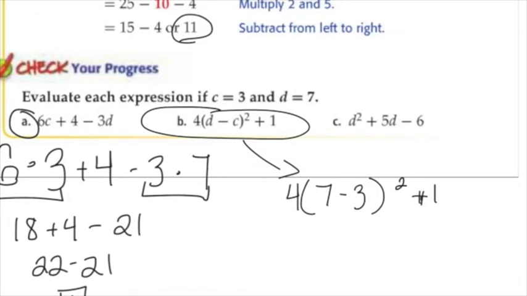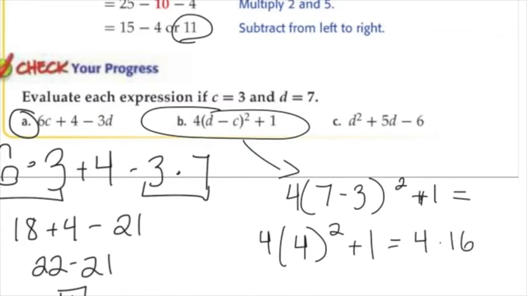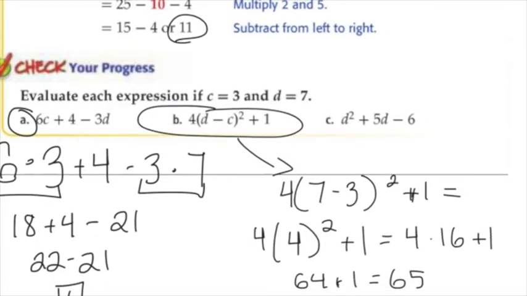I'm just going to carry down 4 times 7 minus 3, which is 4 squared plus 1. Next thing I'm going to do is my exponent. So we got 4 times 16 plus 1. The next step is multiplication. So we're going to do 4 times 16, which gives us 64 plus 1 equals 65.